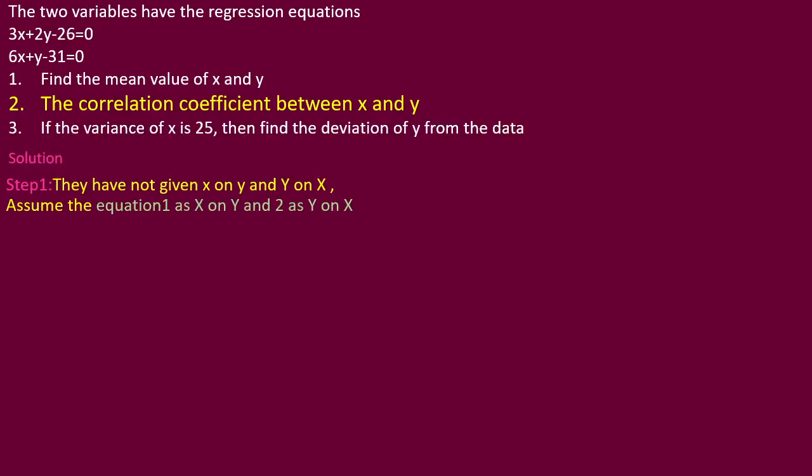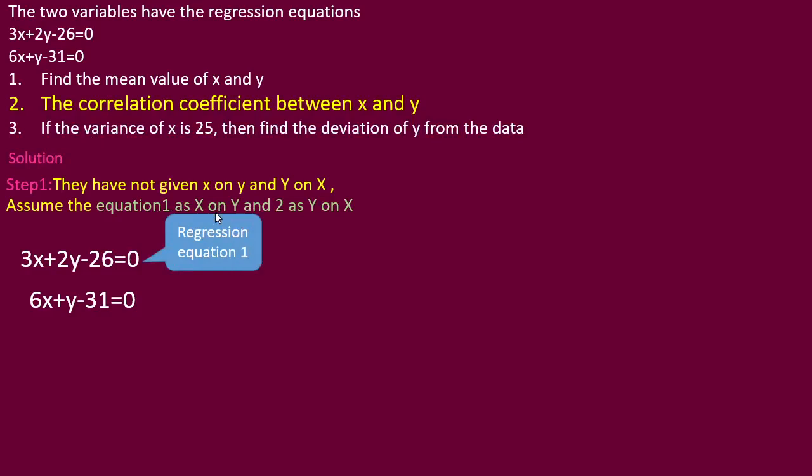They have given two regression equations, but they are not specific about which one is regression 1 and regression 2. So on an assumption basis, I'll consider equation 1 as x on y and equation 2 as y on x. So I repeat, it's just our assumption. It may or may not be.